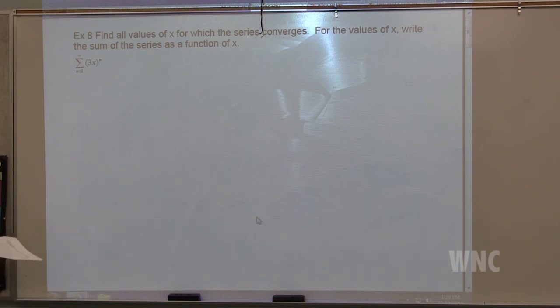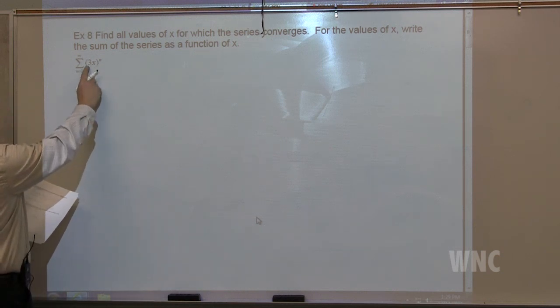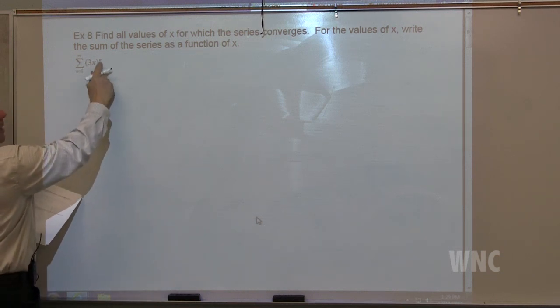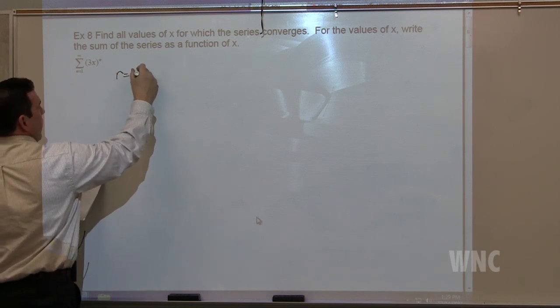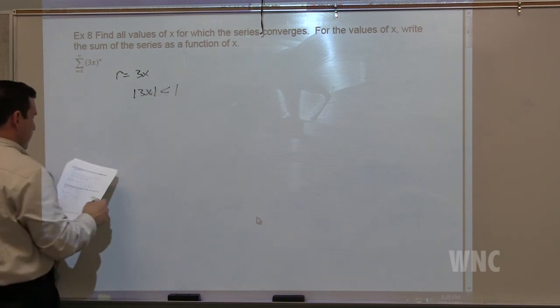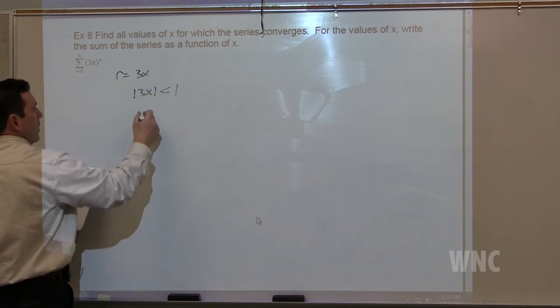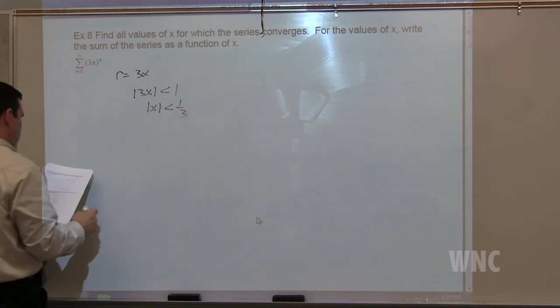So we have the sum as n goes from 1 to infinity of 3x to the n power. So this is like a geometric series where a is 1. So the r is the thing that's to the n power. R is going to be our 3x. And the absolute value of 3x must be less than 1. So the absolute value of x must be less than 1/3.